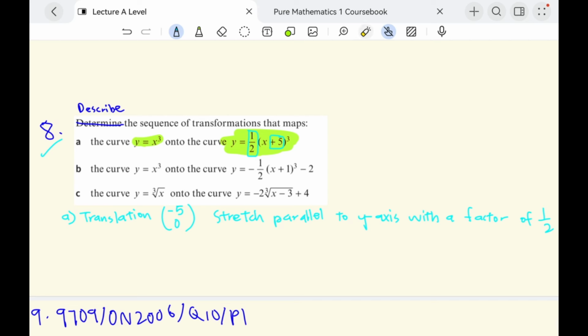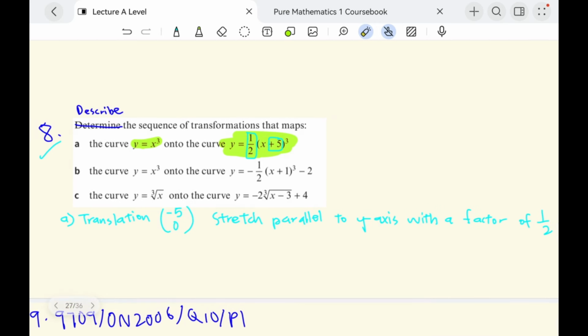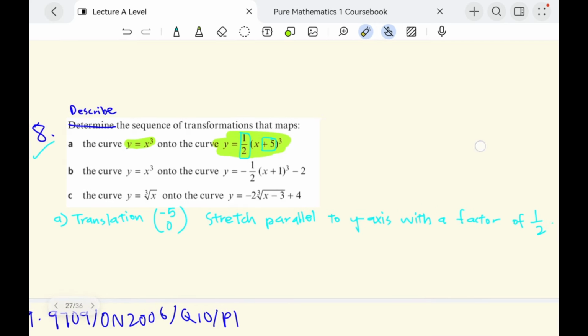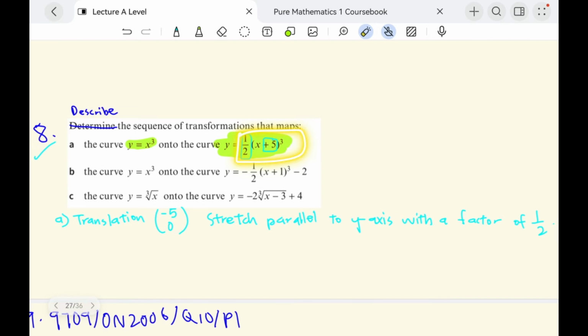Oh, cannot. Only this answer is accepted. Okay. So you only have a translation and a stretch parallel to the y-axis with the factor of half, for this entire function. Okay. So let's proceed to B.